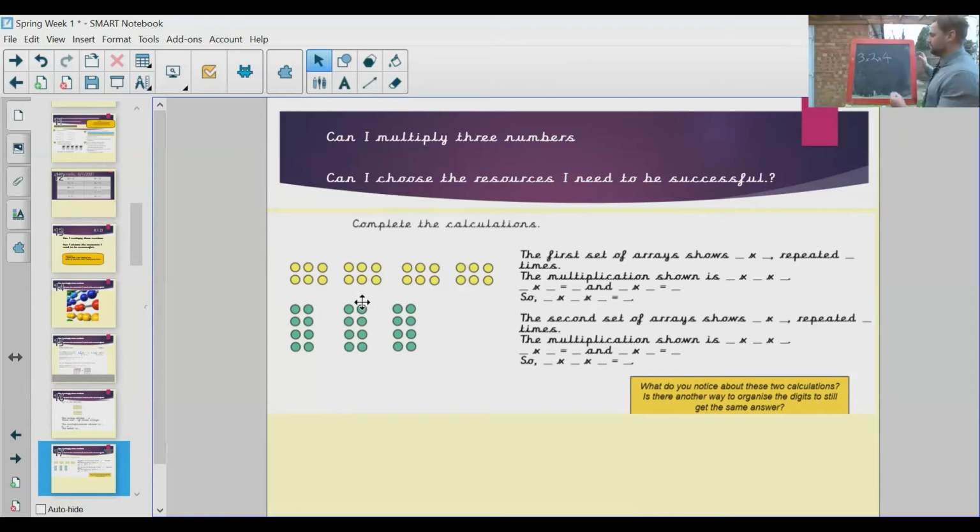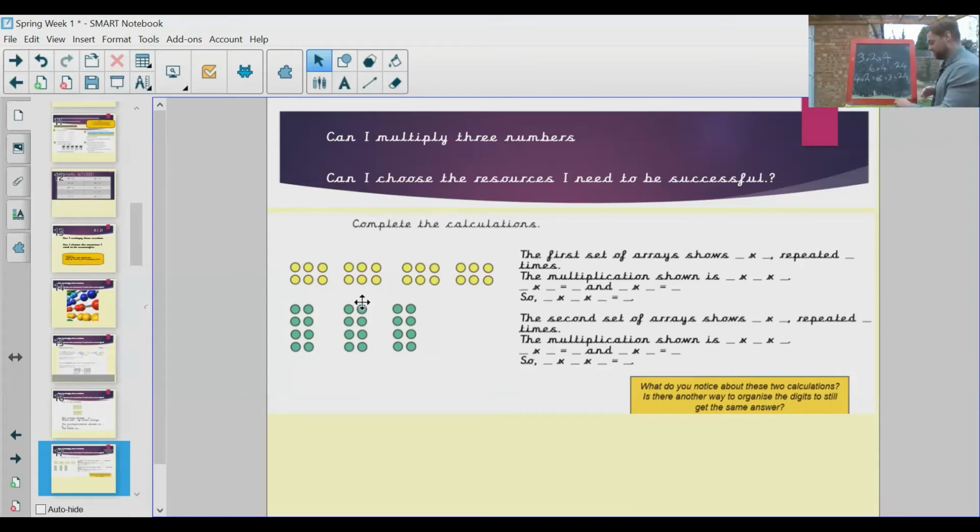If we did 3 times 2, we get 6, and then 6 times 4 is equal to 24. Again, we may well decide to do 4 times 2 first. 4 times 2 is equal to 8, and then 8 times 3 is also equal to 24.